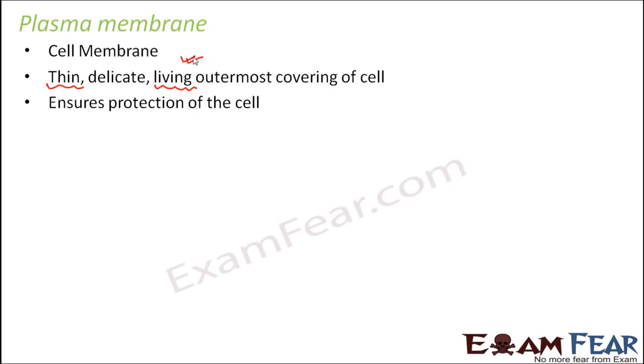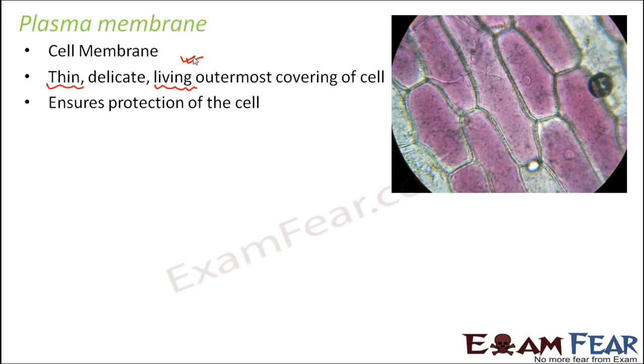When I talk about protection, what does it mean? It means it should allow only those particles which are good. It should not allow anything which can be harmful to the cell. So it has to select what is to be allowed and what is not to be allowed. That is the most important function of plasma membrane.